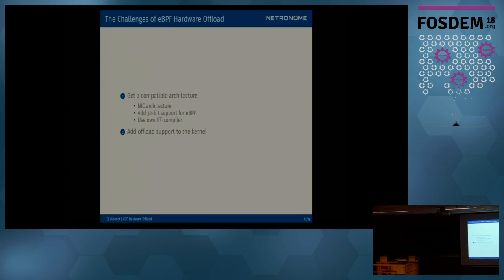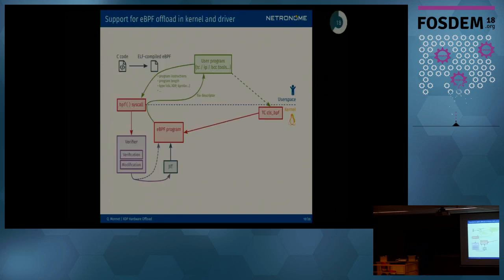Now we must make sure also that the kernel is able to pass the program and the relevant metadata to the card. And for this, we had a lot of work to do on Linux itself. So this diagram is nearly the same as the one I showed at the start of the presentation. We still have a user program injecting a BPF program through the BPF syscall, then the verifier, then the program which is attached inside the kernel, possibly with the JIT compiler.